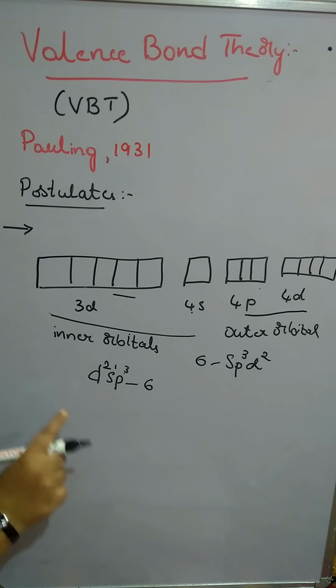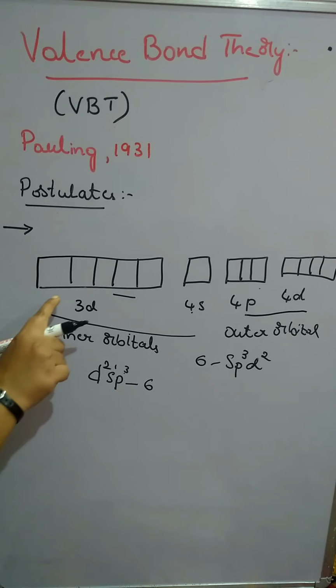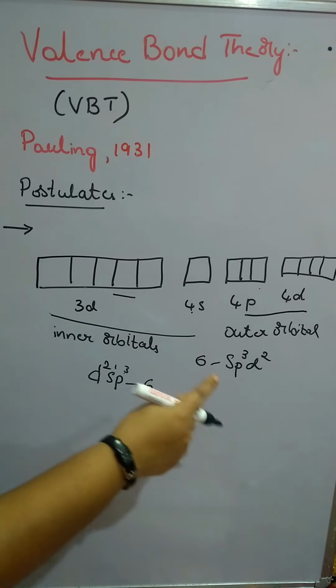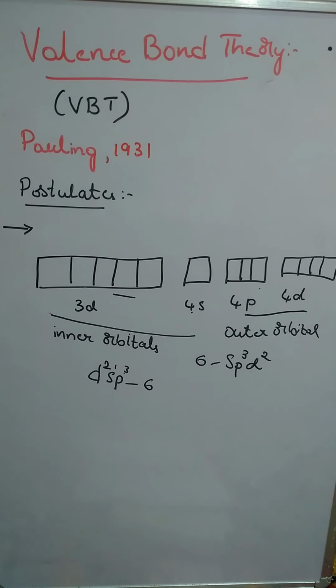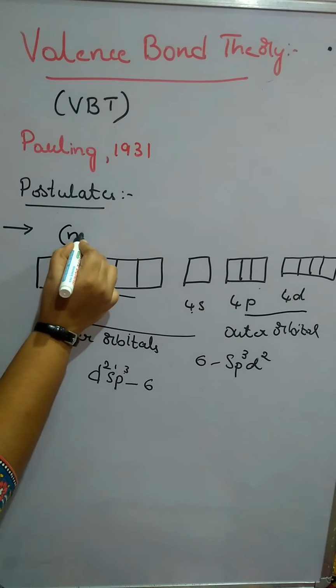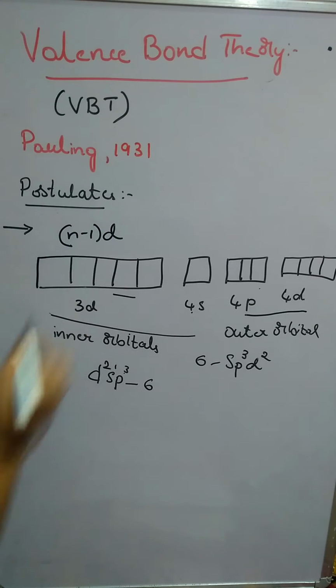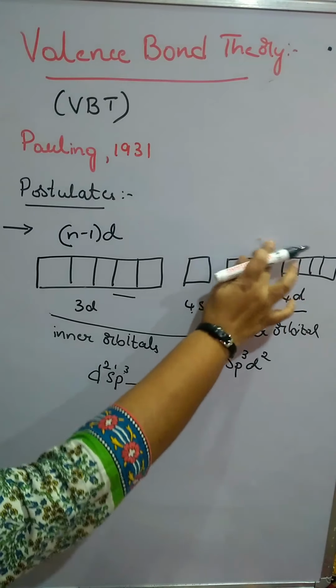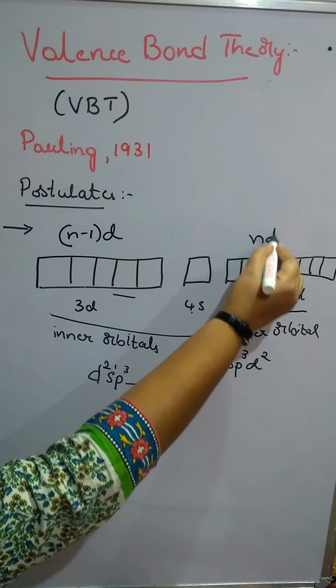For hybridization, the orbitals may involve inner d orbitals or outer d orbitals. If it is inner d orbitals, we name that (n-1)d orbitals. If it is outer d orbitals, we name that nd orbitals, in general form.